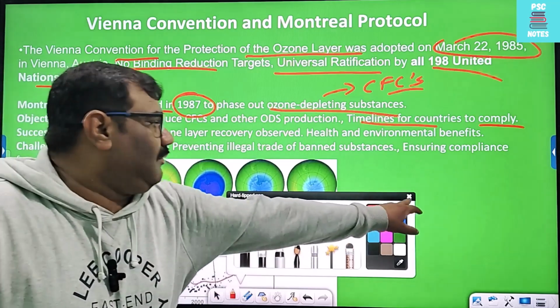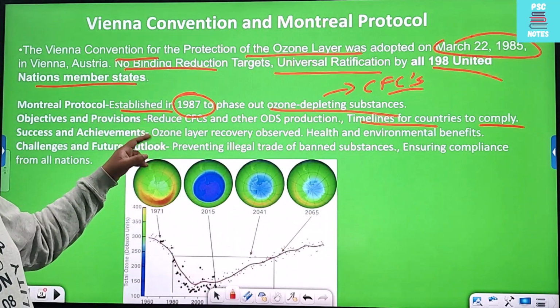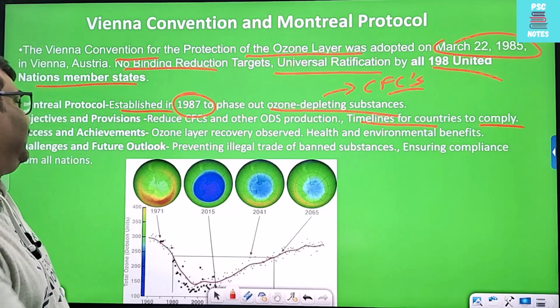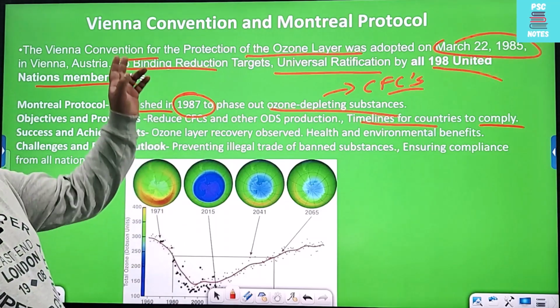Now, what is the success and achievement of the Montreal Protocol and the Vienna Convention?